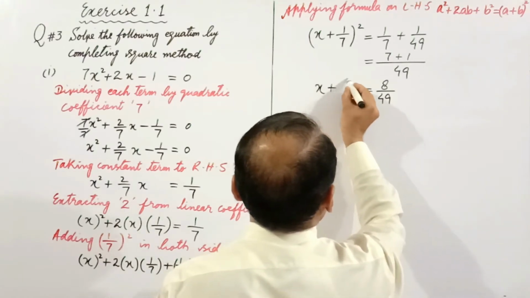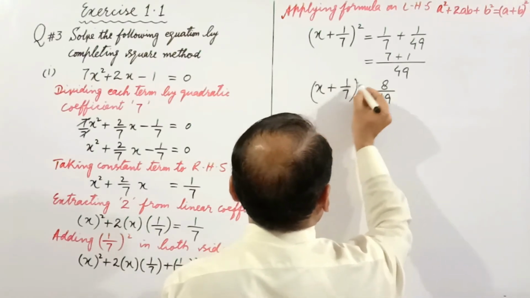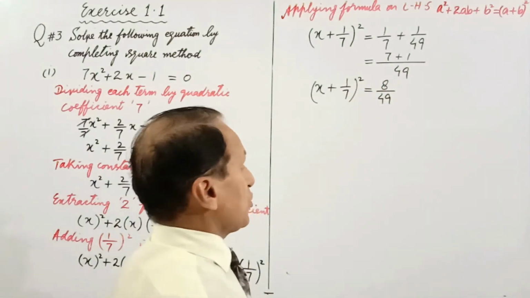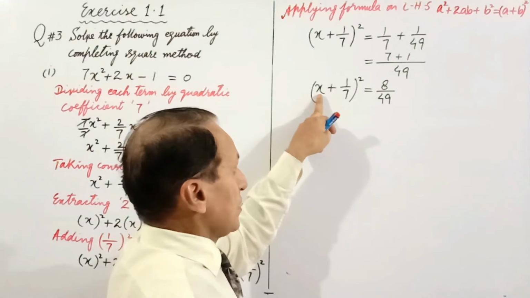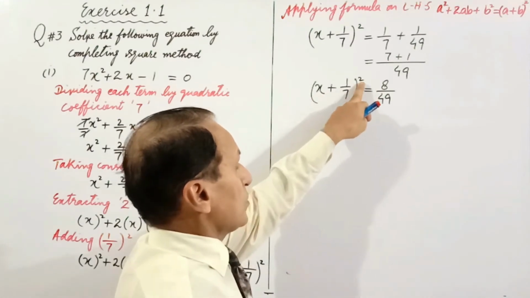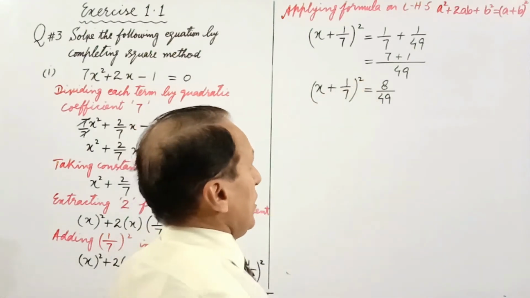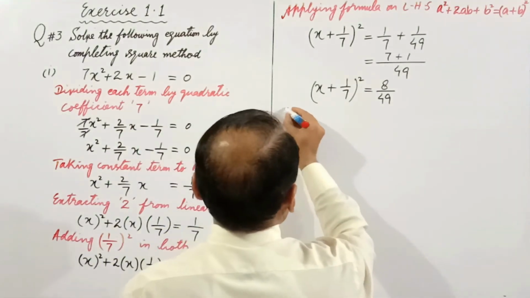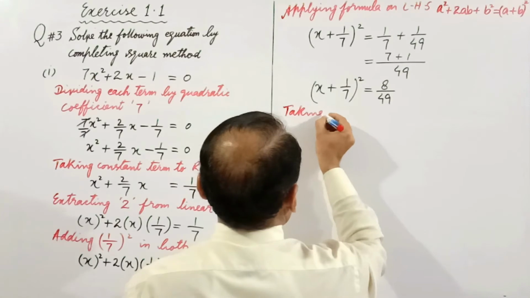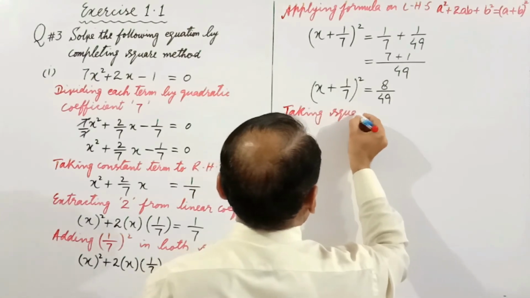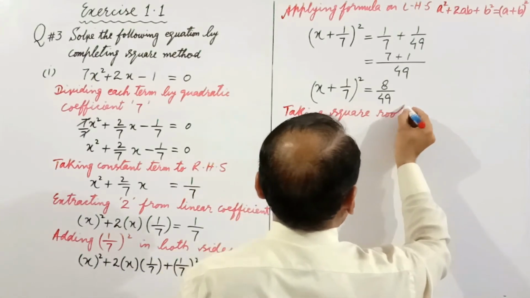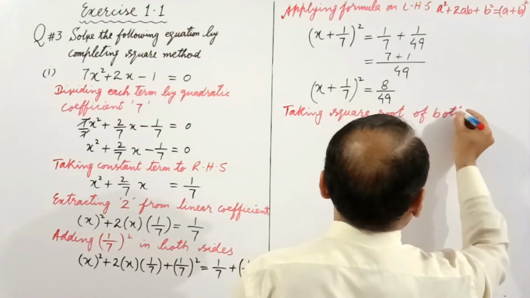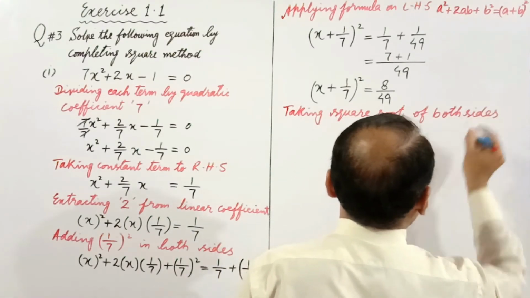x plus 1 over 7 whole square we carry on the left hand side. As we are required to find the solution, it means we have to find the value of x. For this, we have to remove the square. So we apply the inverse property, that is taking the square root of both sides.